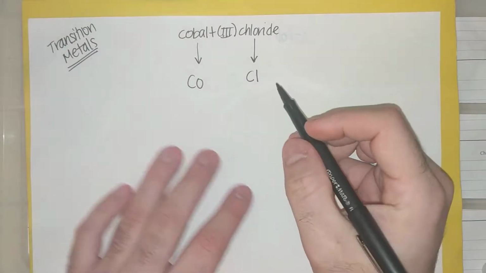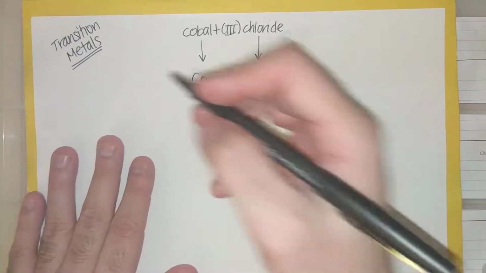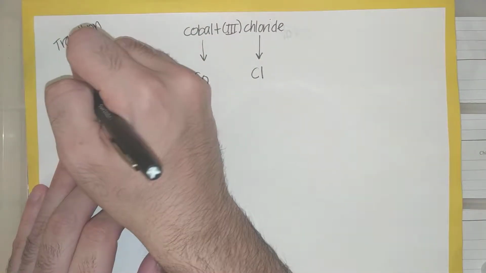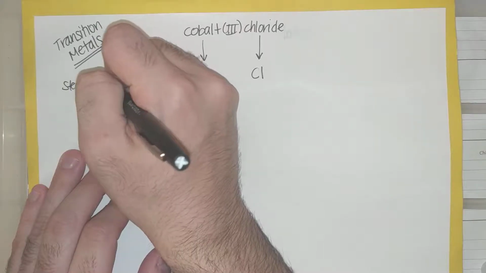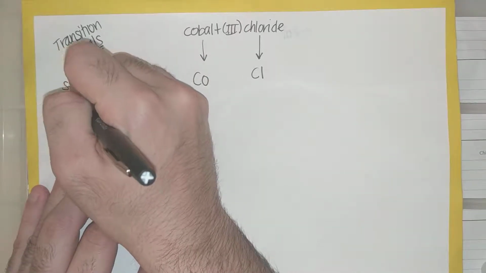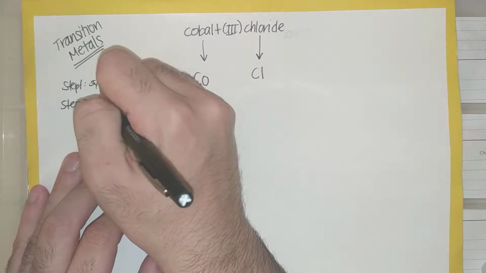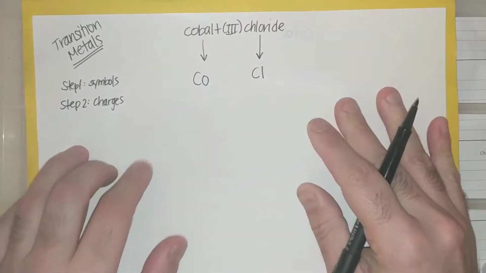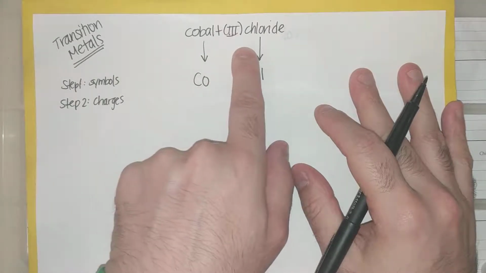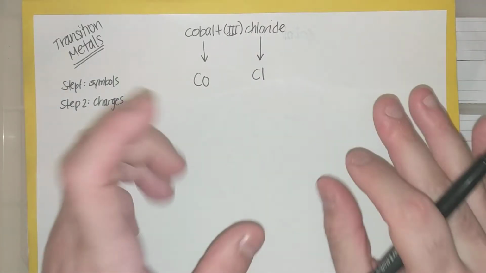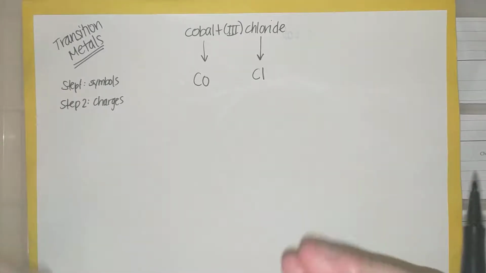Okay, and now I have to figure out the charges. So step one was symbols. Step two is charges. Now in the name it says cobalt-3. What does the Roman numeral represent?